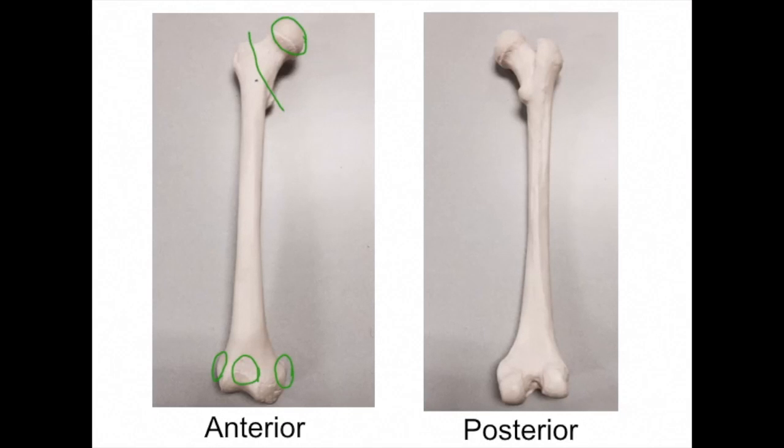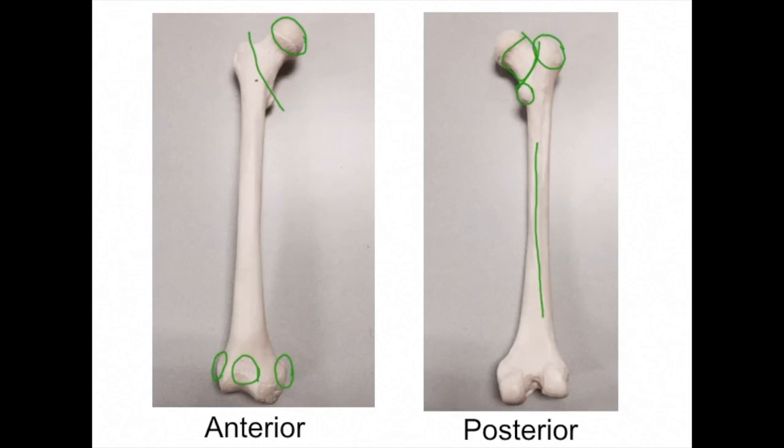You can see the greater trochanter and the lesser trochanter and the neck of the femur. You can also see the intertrochanteric crest, as well as the linea aspera.